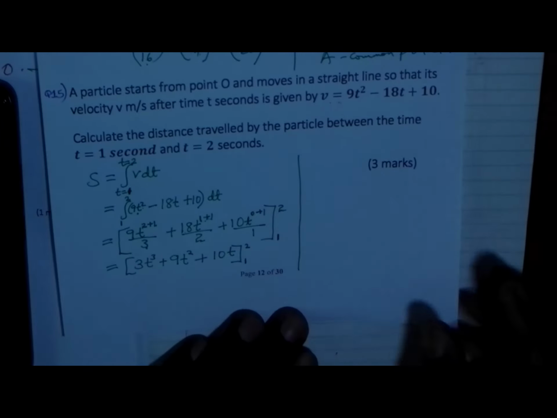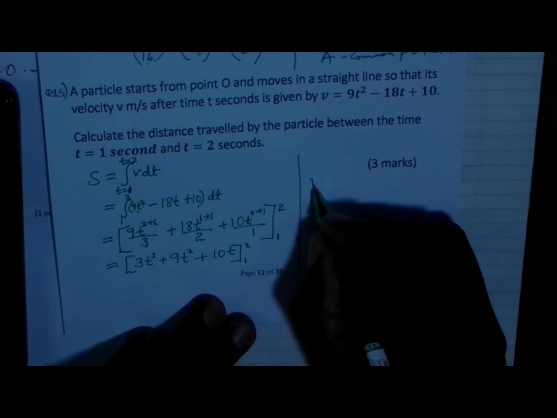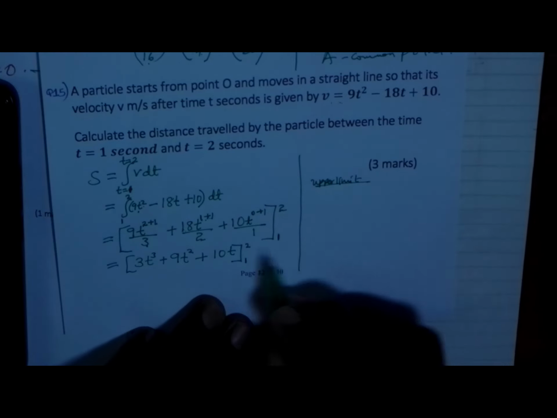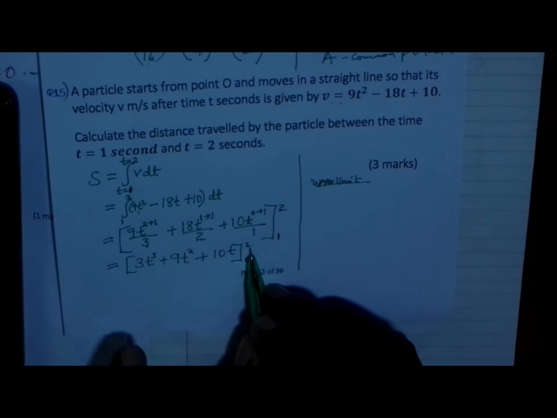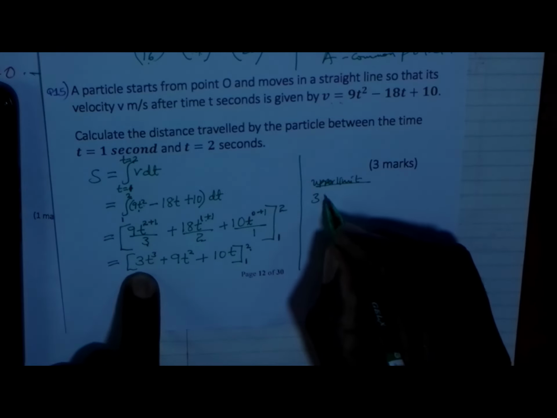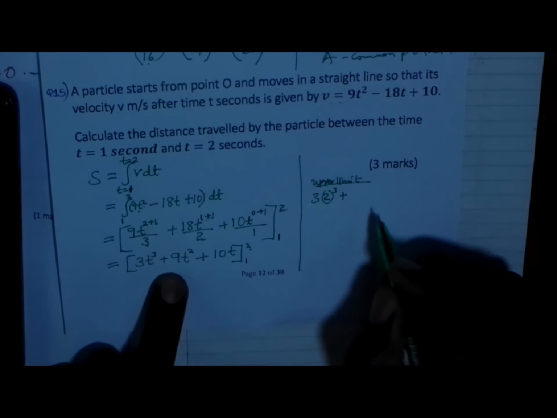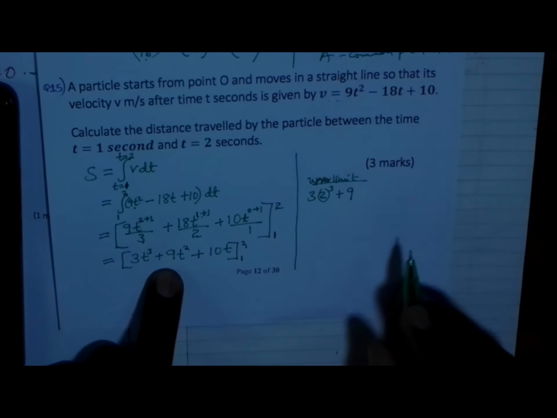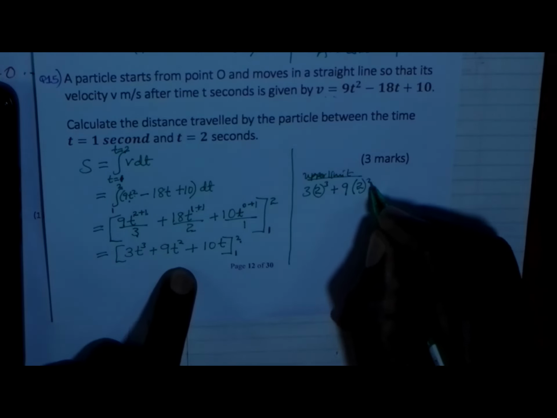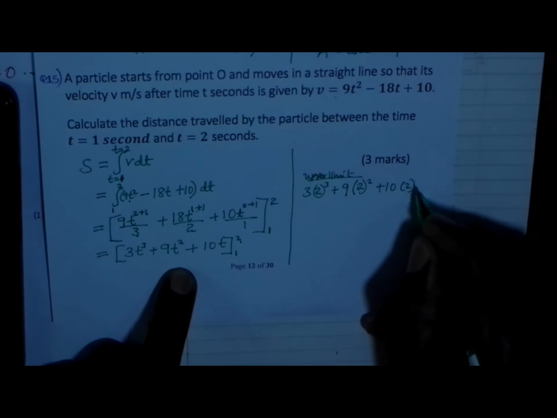Therefore, we get the value of the upper limit when t is 2. We have 3 multiplied by 2 cubed minus 9 times 2 squared plus 10 times 2.